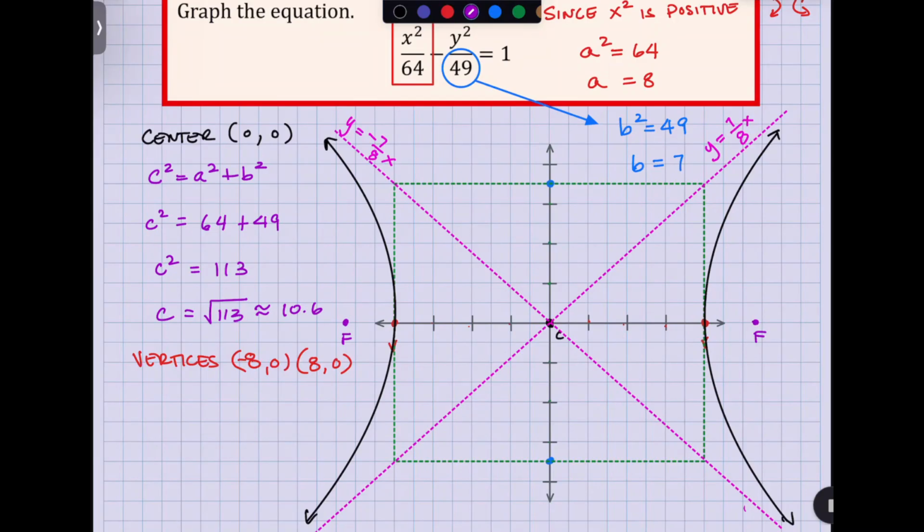And my foci? Awesome. Not bad? So pretty, isn't it?